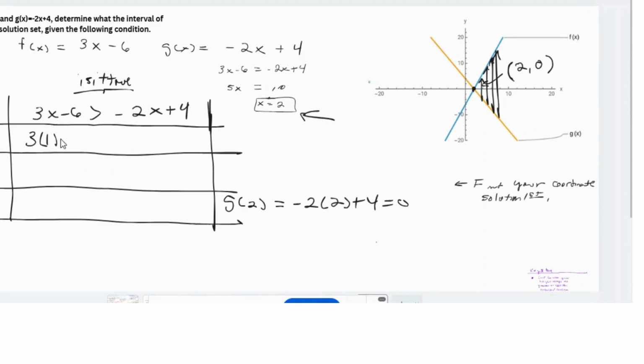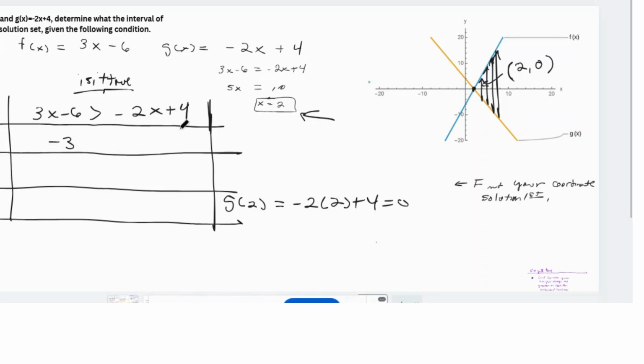We'll plug in 1: 3 times 1 minus 6 is negative 3.